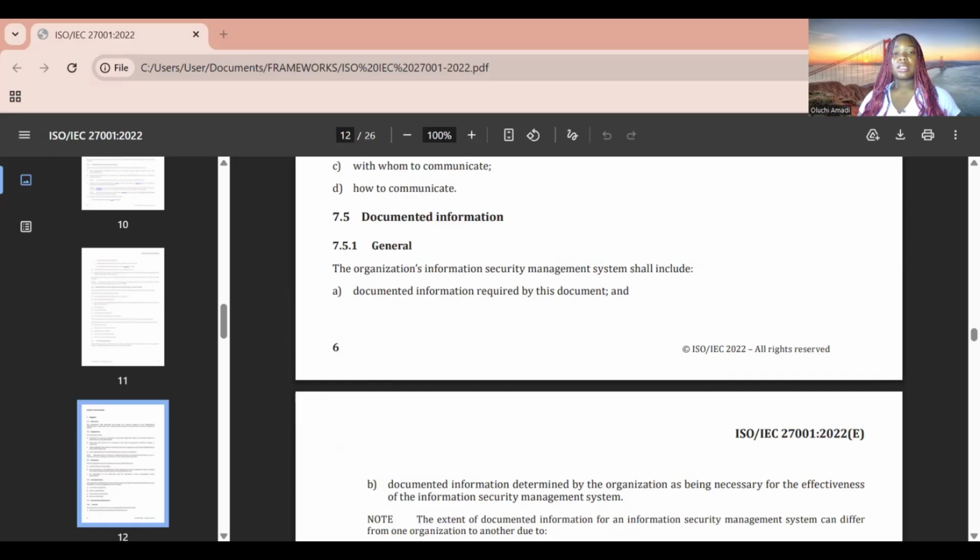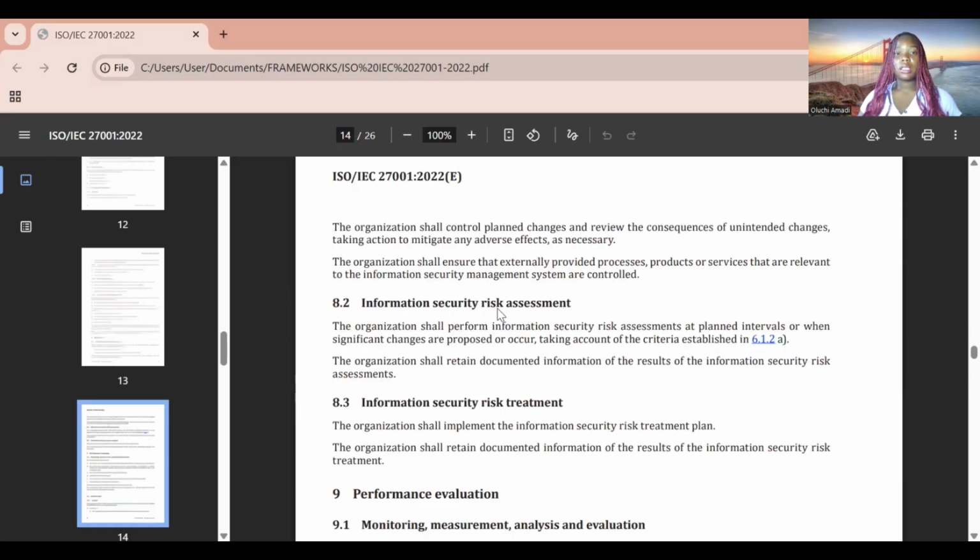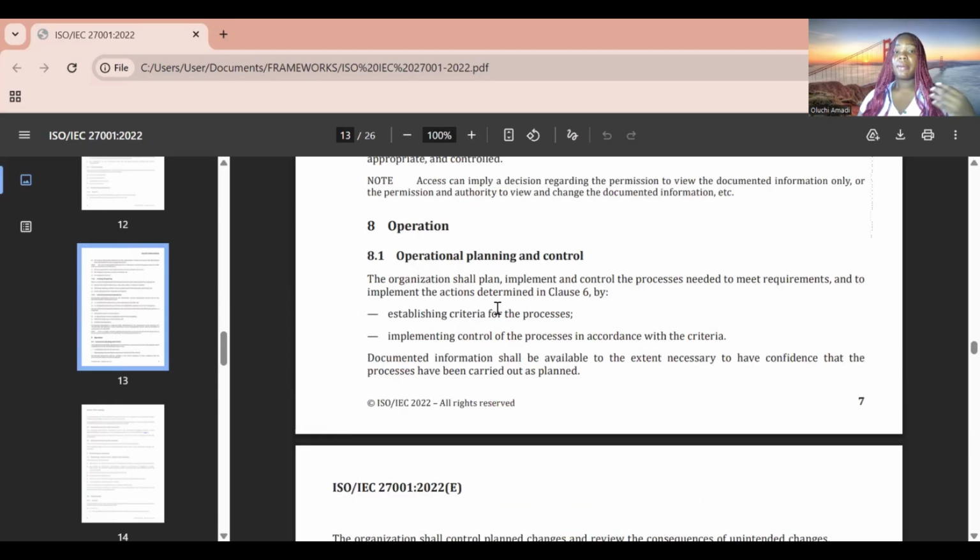Clause 8 talks about operations, operational planning, and control. So here you have to plan, implement, and control the processes that are required to meet the information security management requirements, and also the actions that you establish in the clauses that have to do with planning.